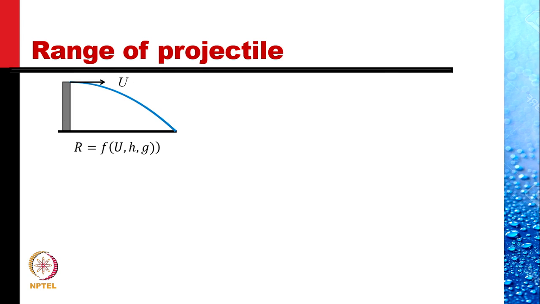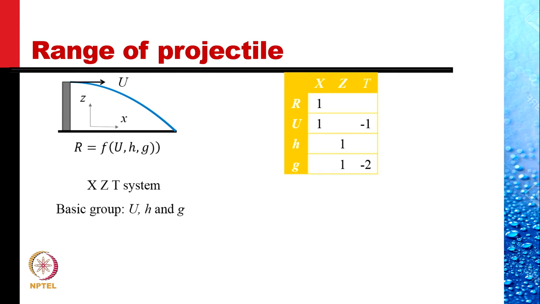Here, we use the X, Z and T system, X for Lx and Z for Lz. So now, instead of L and T, we use the X, Z and T system. The range R would be in X direction.